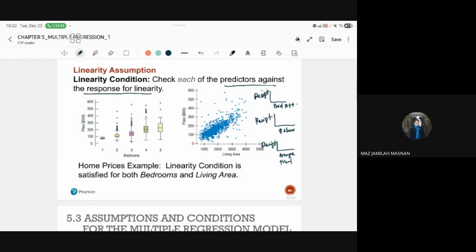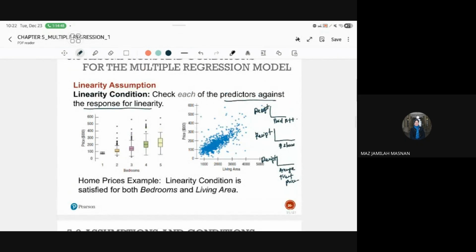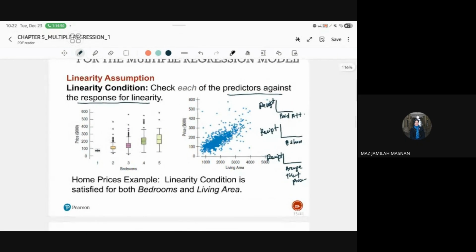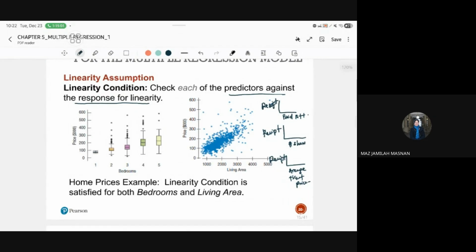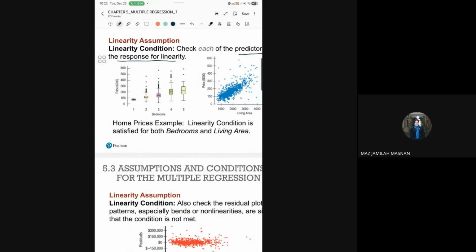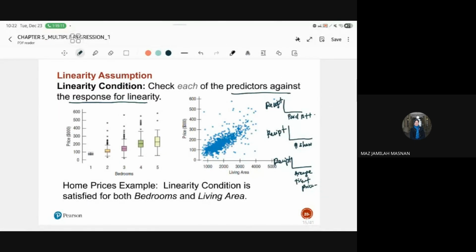In the case of the home price, the living area and the number of bedrooms, you will have to plot price against living area. For the bedrooms, you have different options of bedrooms, so you have to check each and every number of bedrooms that you have, based on the box plot.